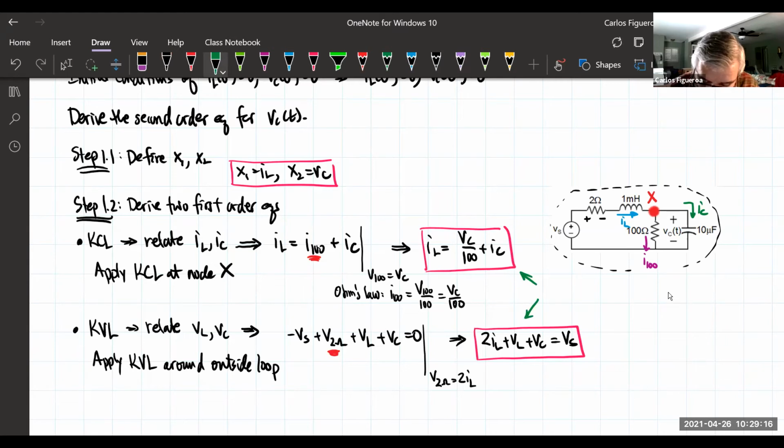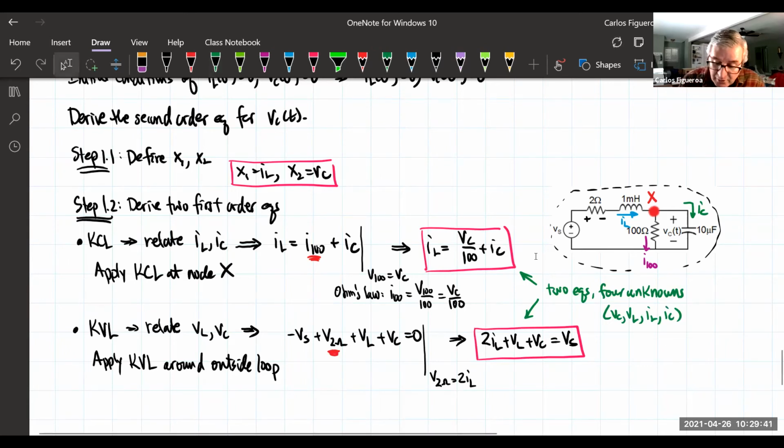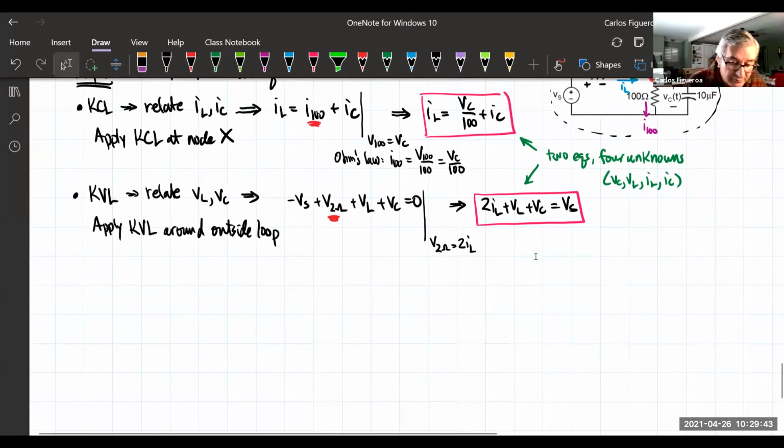What you're seeing here is that I have 2 equations, 4 unknowns. Again, what are my unknowns? VC, VL, IL, IC. So now I got to convert them into 2 equations and 2 unknowns.